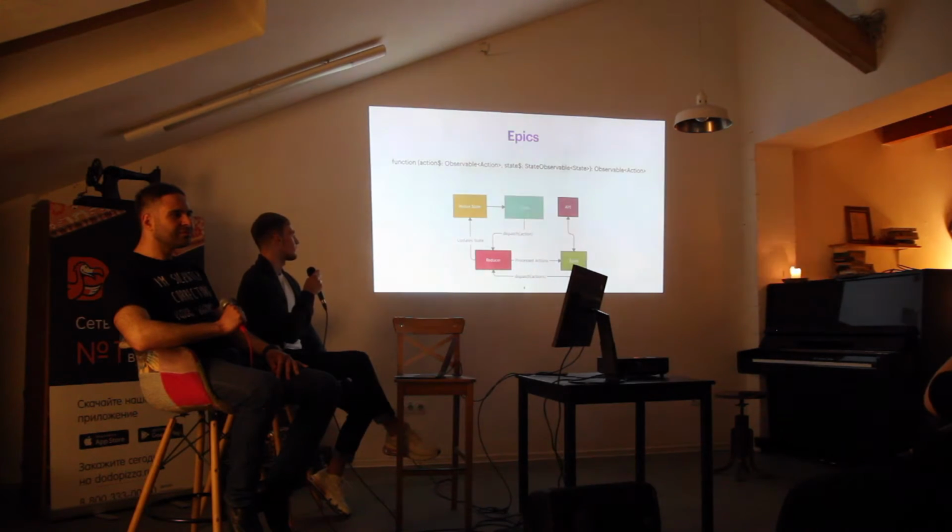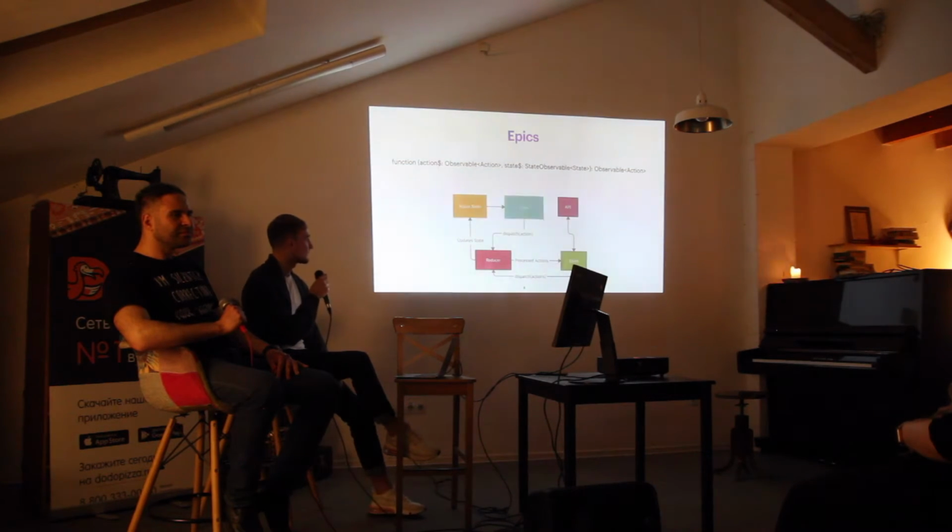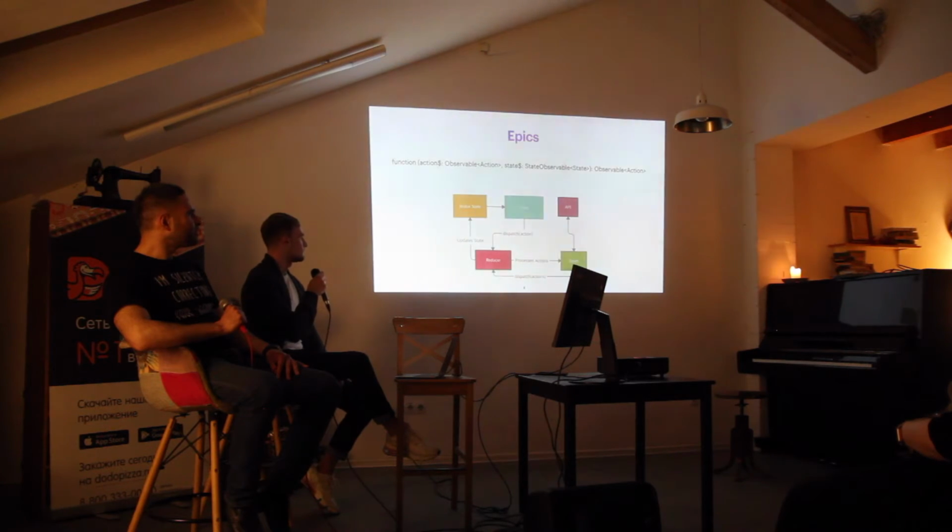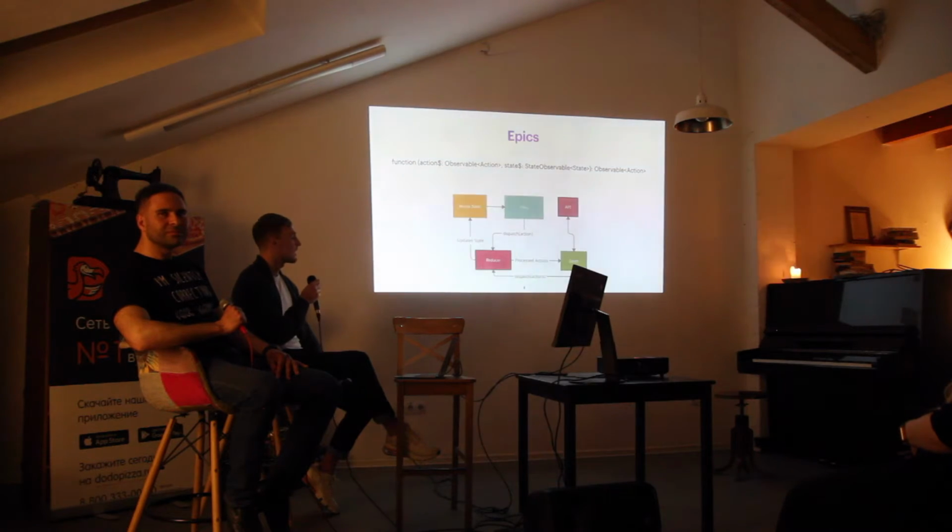A stream is called an observable, and an epic also returns a stream of actions, or does nothing with it and returns an empty stream. So the flow goes like this. You dispatch an action, it goes to reducers, the store changes, and you reflect these changes. But after an action was processed by the reducer, it also goes to your epics.